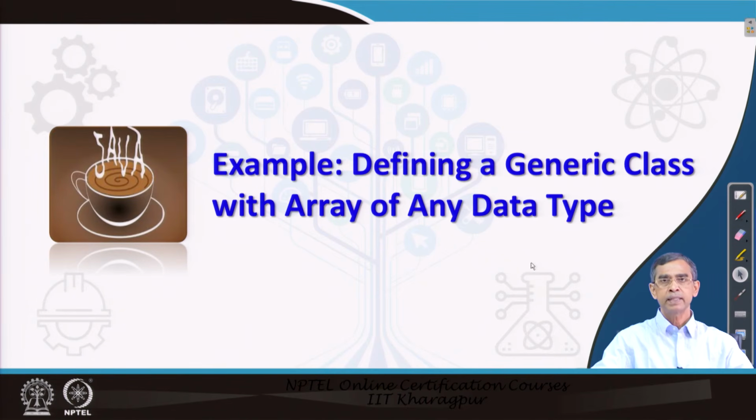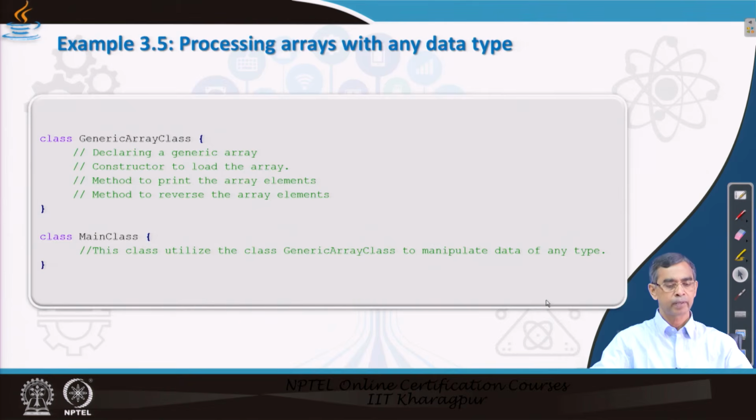In the previous examples, we discussed a generic class which contains data of any type, but not an array of any type of data. In the next example, we are going to repeat the similar procedure, but only for arrays. Let us note the difference between an array and a single element.